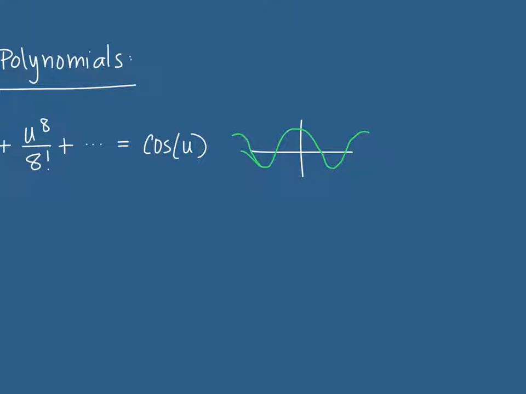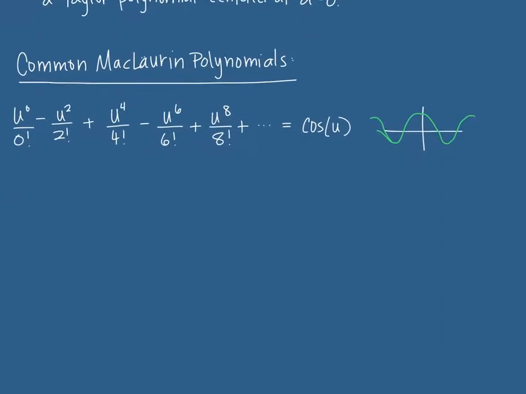It's even symmetry. Even is split down the center. So for me, I know the cosine graph has even symmetry, and so the cosine polynomial is all the evens. That's just a memory trick that I use, and it works for sine too, because sine has odd symmetry, and therefore sine has all the odd terms.